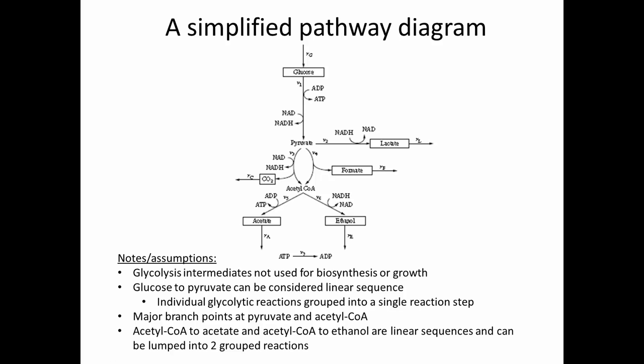And our major branch points are at pyruvate and acetyl-CoA, right here in the middle. And acetyl-CoA to acetate and acetyl-CoA to ethanol are linear sequences that can be lumped into two grouped reactions, like we said earlier.